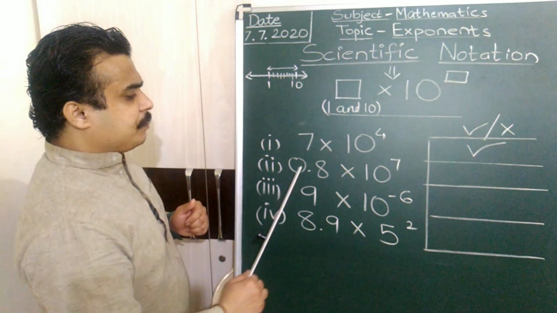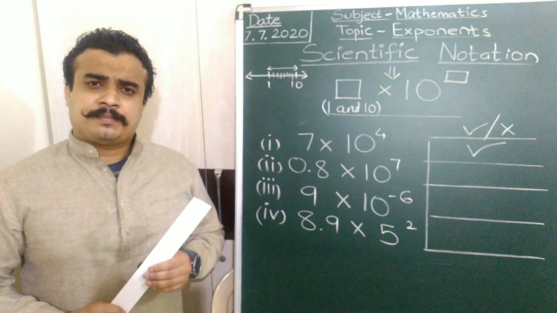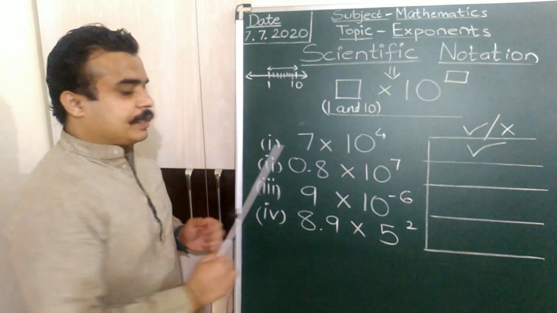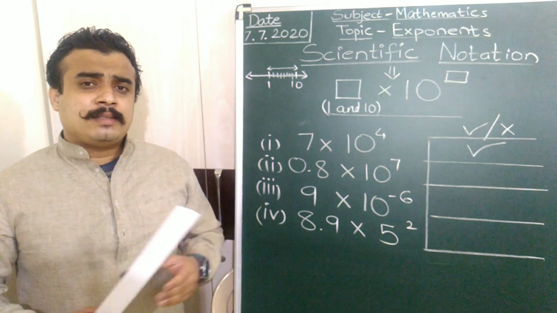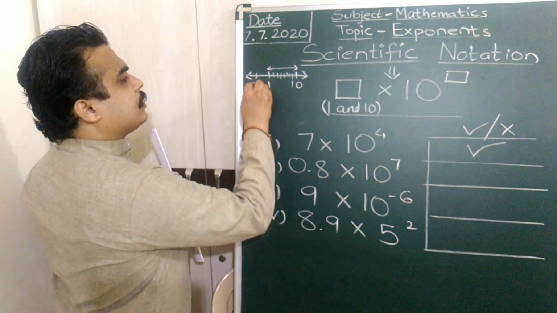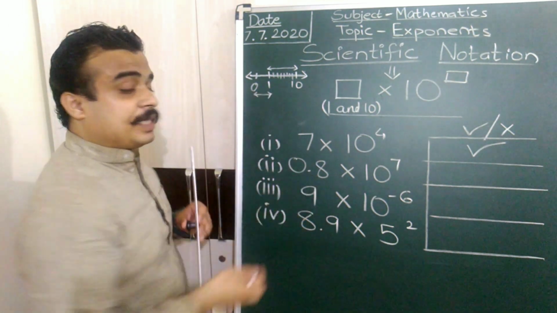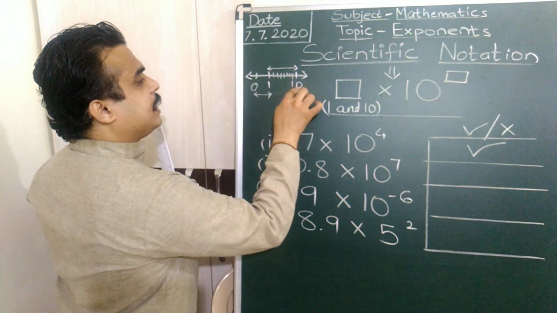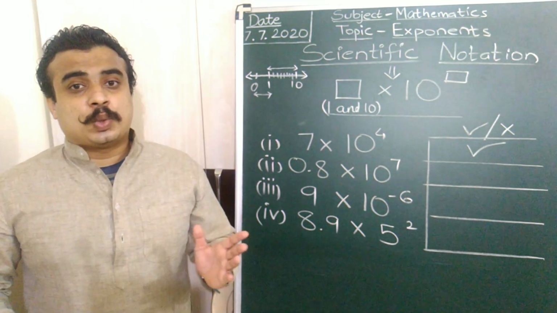Here we have 0.8 into 10 raised to the power 7. Let's take the first part of it. Is 0.8 between 1 and 10? We know that 0.8 comes between 0 and 1. That means it is not between 1 and 10, so the first part is not okay.